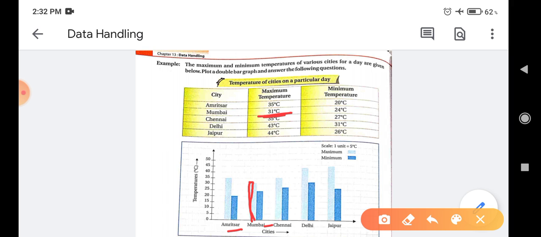And its minimum temperature is 24. 24 is less than 25, so its bar will be drawn slightly below 25. In this way we can draw the double bar graph.